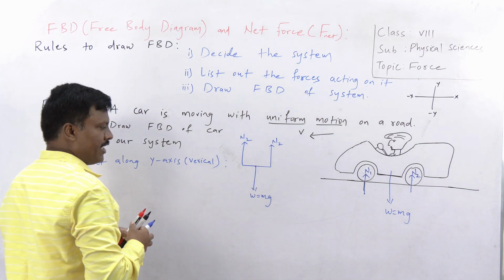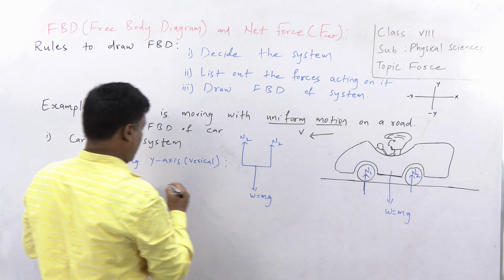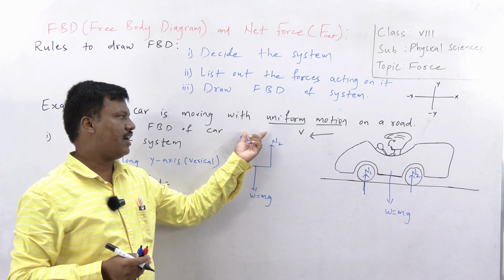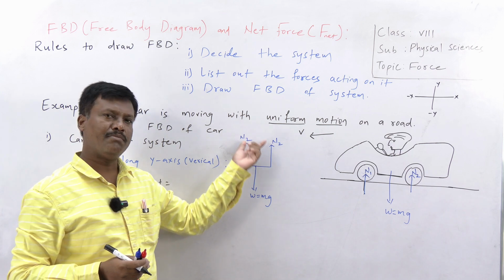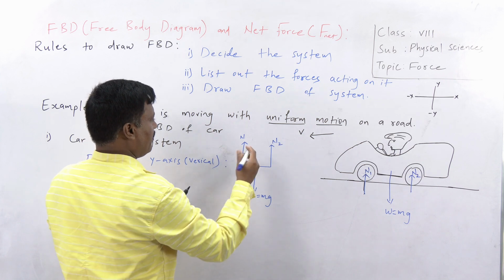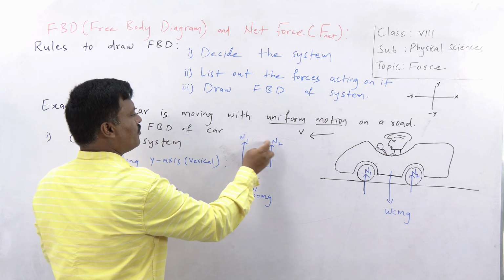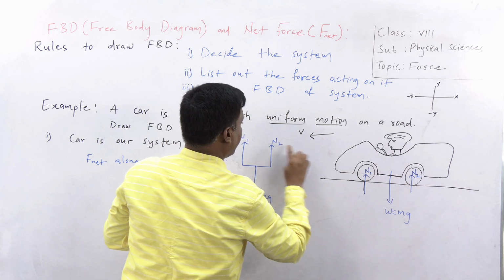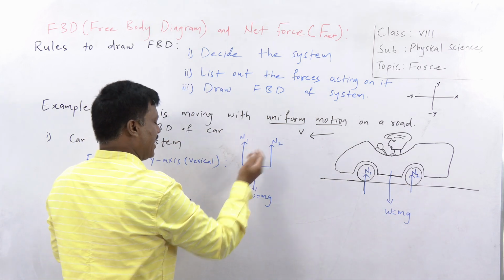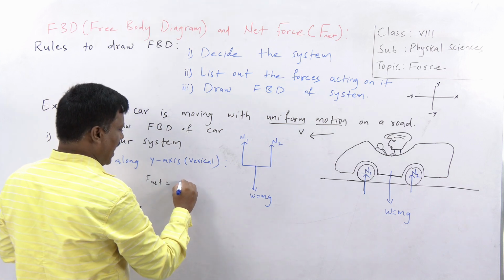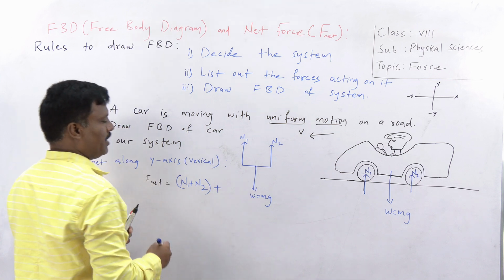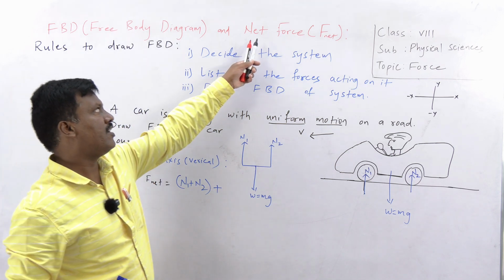Then how do you calculate the net force? Okay, net force in this case is equal to these two forces act in the same direction, right? That is why this is N1 and this is N2, and this is gravitational force, right? These two forces act in the same direction. We have to add those two forces, N1 plus N2, because net force is the sum of all the forces.